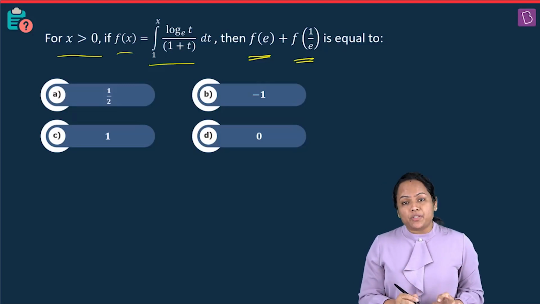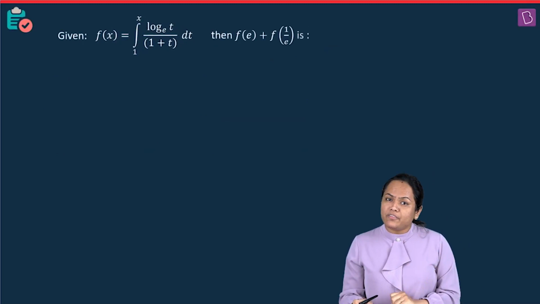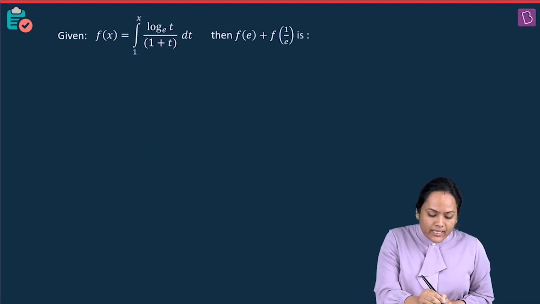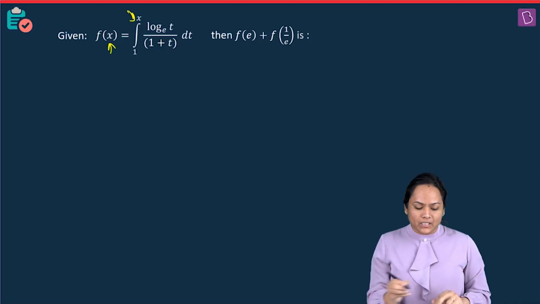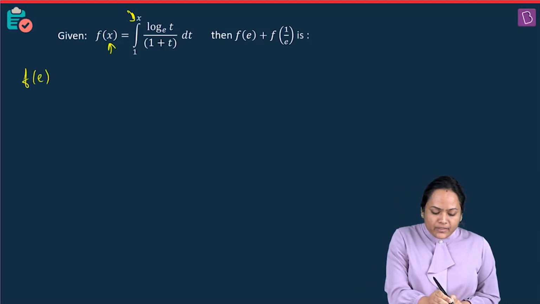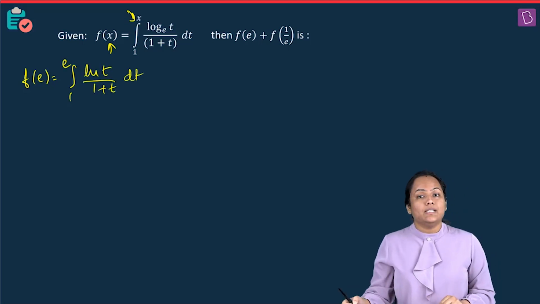Let's quickly substitute my value of f of e first. What is f of e? Well, you know it very well that in place of x here and over here, I have to put e. So I'm going to get my f of e as integral 1 to e ln t divided by 1 plus t dt.